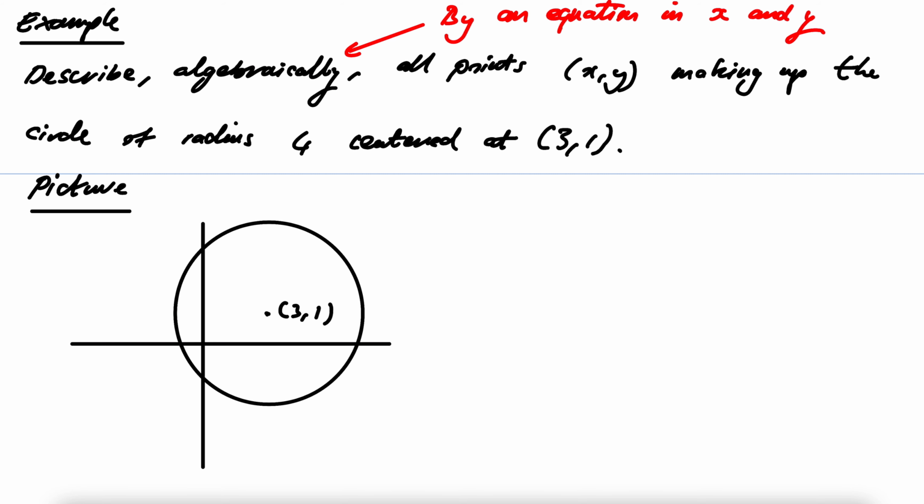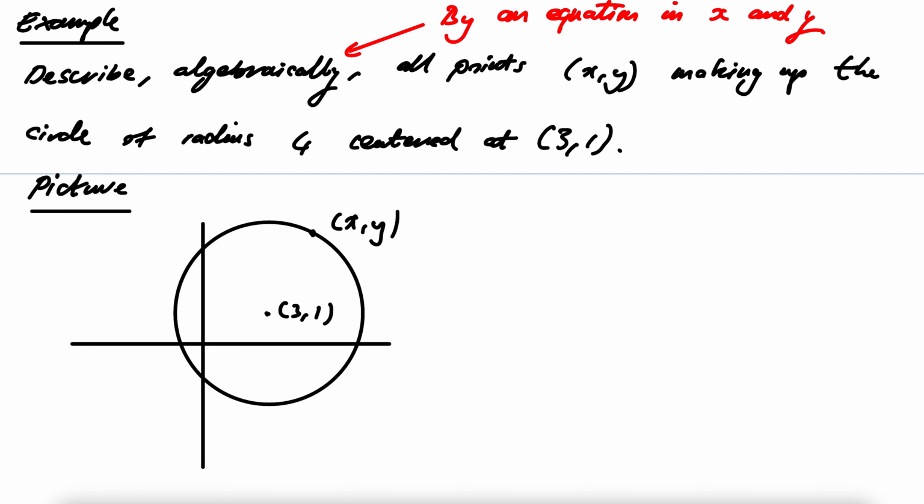Now I'm interested in what? I'm interested in the x, y which make up the circle. So I'm looking for positions x, y which make up the circle. Now, what's the crucial thing about a circle? A circle by definition is all the points which are a fixed distance, the radius, from some given position, the center.